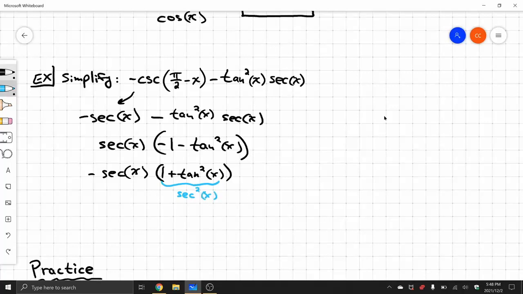So when I simplify here, I have negative secant x times secant squared x, which is going to give me a final simplified answer of negative secant cubed x.